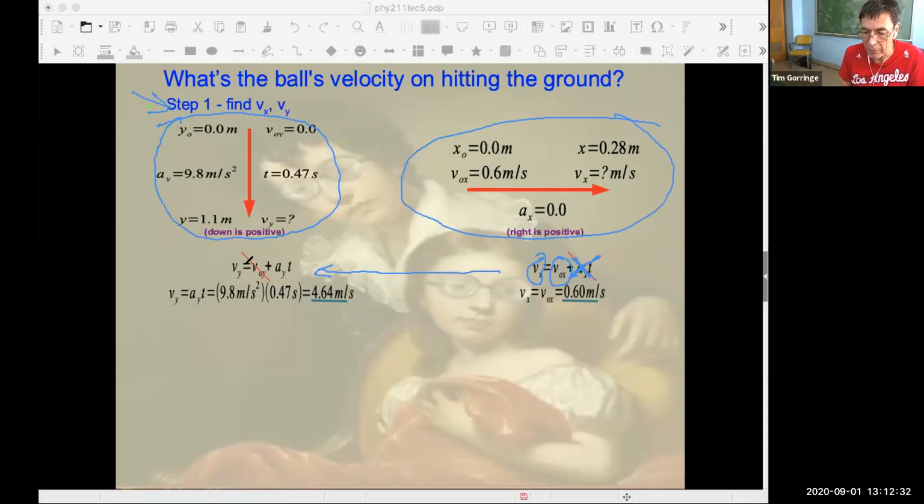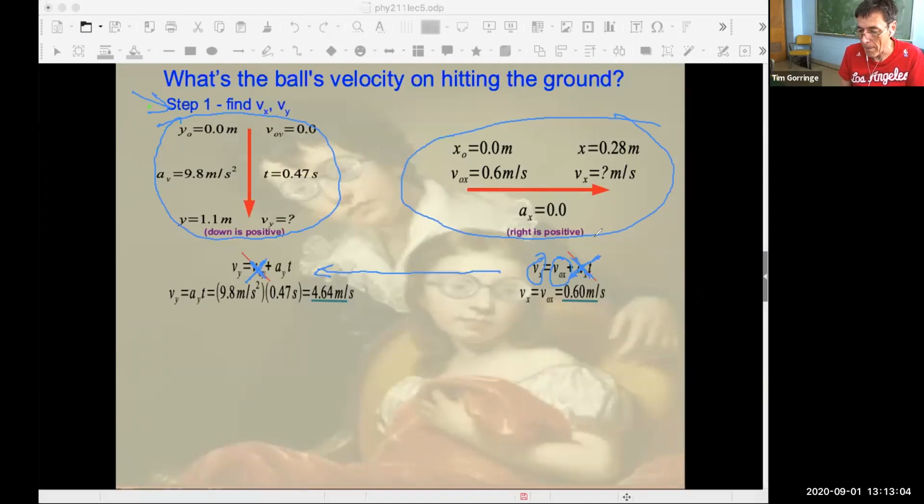Anyway, so I plug in the numbers. In this case, it's actually the first term that goes away because the object had 0 vertical velocity to begin with. And so the final velocity of the body is just the acceleration in the vertical direction times the elapsed time, 9.8 meters per second squared times half a second, roughly. That gives you this speed here, 4.6 meters per second.